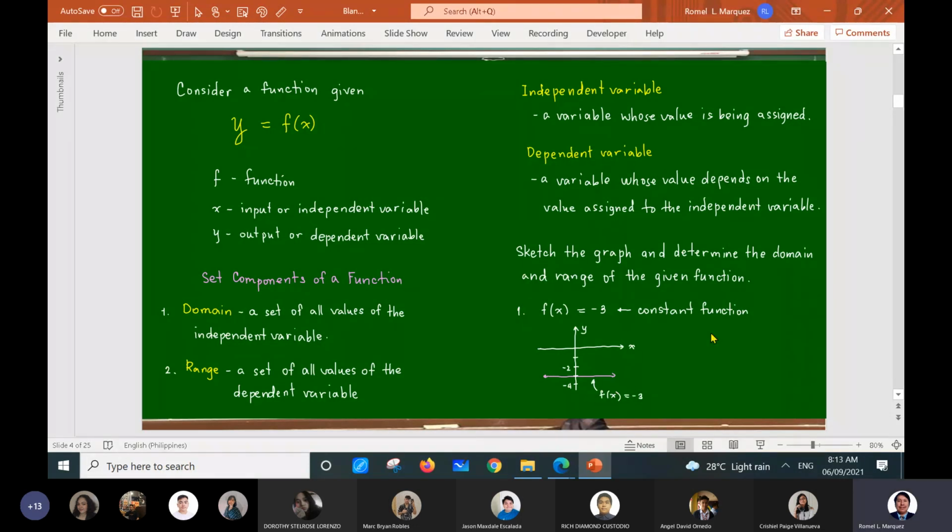So if you're going to look at the graph, what is the domain of f, guys? Notice that we have all the x values along the x-axis. So it means the domain is the set of all real numbers. In interval notation, you have to recall interval notation.